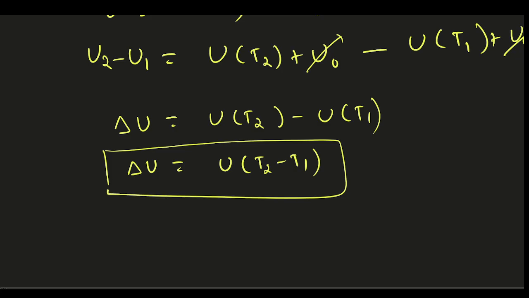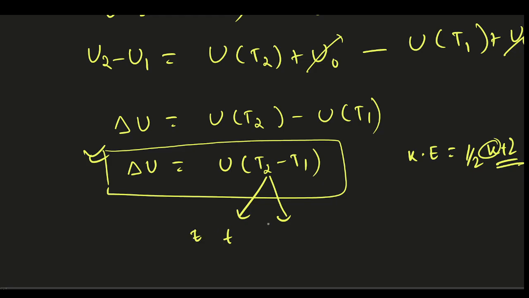So we mainly calculate the change in internal energy in terms of kinetic energy, because kinetic energy equals half kT squared. This is a function of temperature, because k is constant. That's why U_T, because kinetic energy is a function of temperature, and this U_T includes translational energy, vibrational energy, and rotational energy.